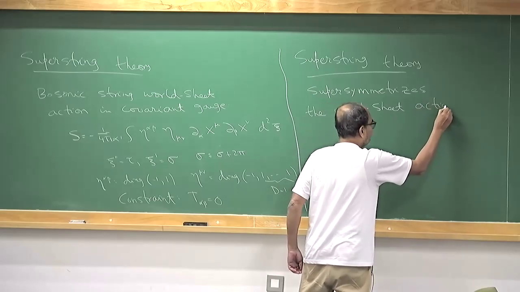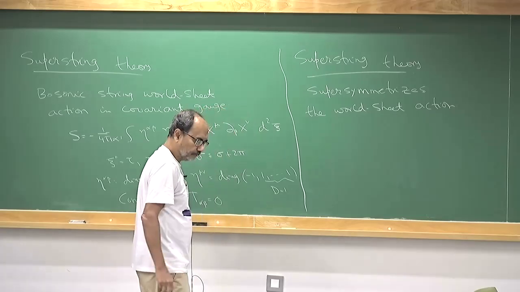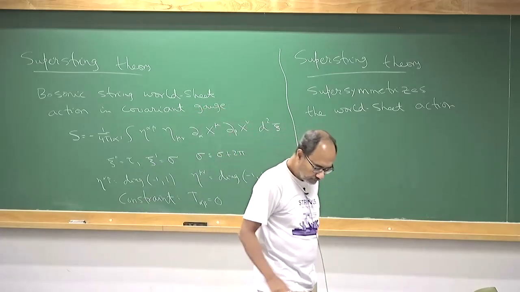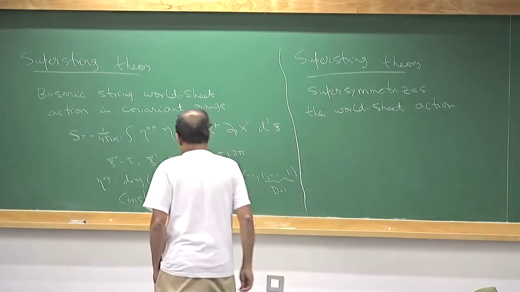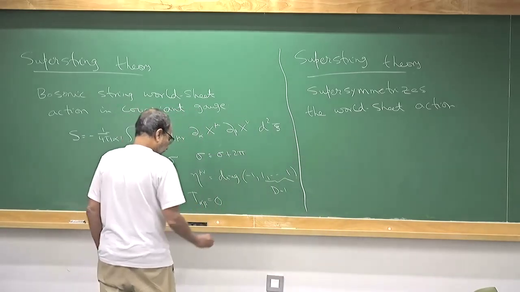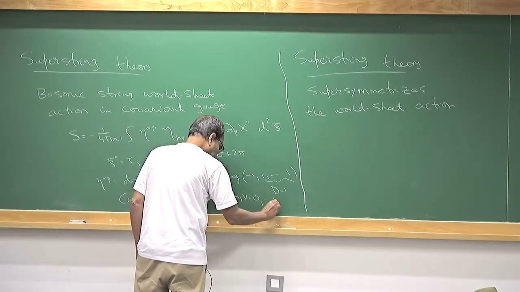Okay, and I'll explain what we mean by supersymmetrizing the worldsheet action. So here mu nu run from 1 to d, right? Mu nu runs from 0 to d minus 1.